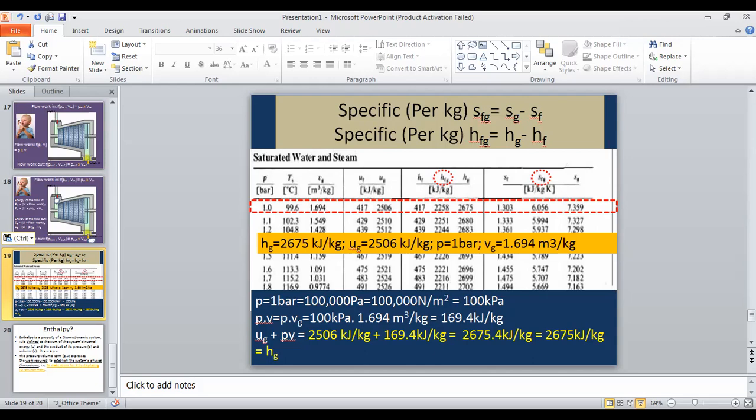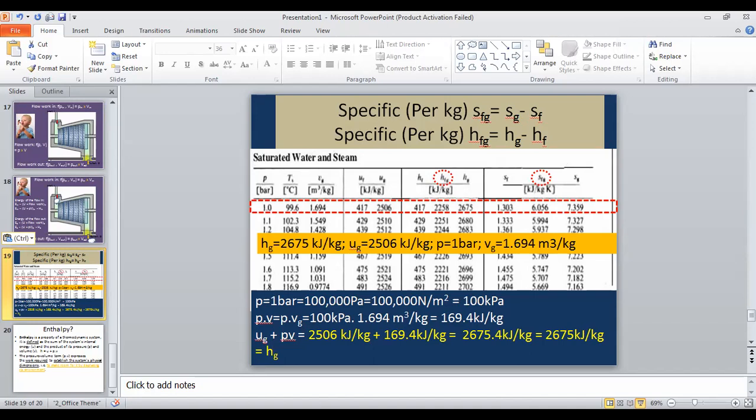Because PV energy, flow energy, is also within that parcel or packet of air. See, PV is also within here. Okay, PV at the inlet, PV within here. That energy is also a kind of thermal energy component other than U. Okay, so that's how it's been calculated.